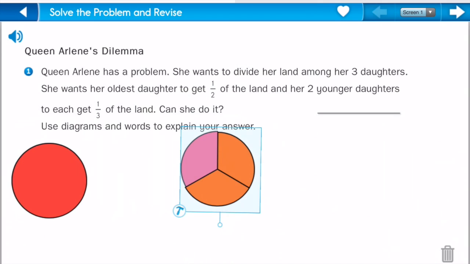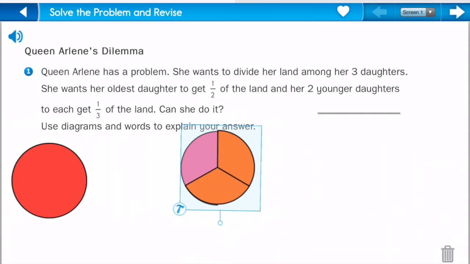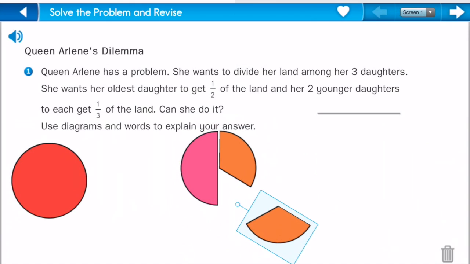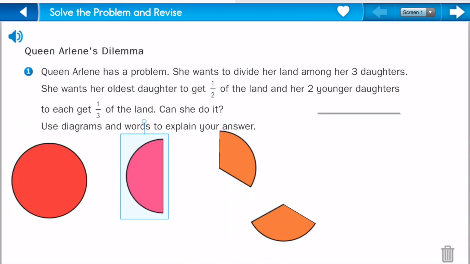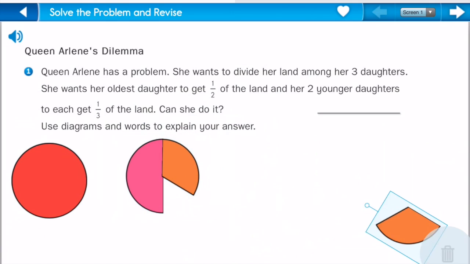Because look, it takes up some of the half that the oldest daughter has. It goes into it. So I'm going to break that up again. See? Look, it covers when I drag it over it. It's not enough.